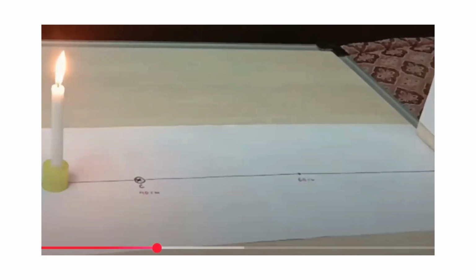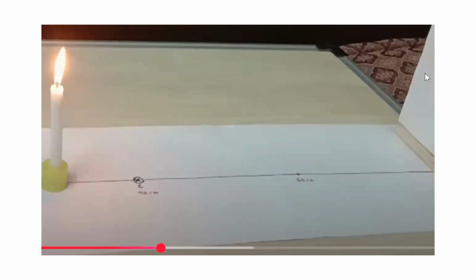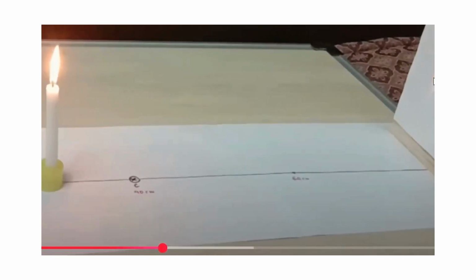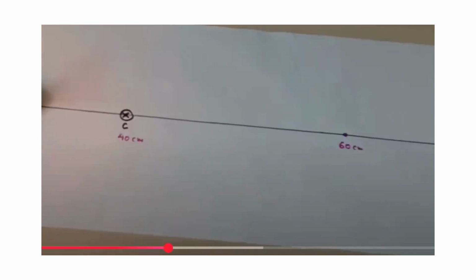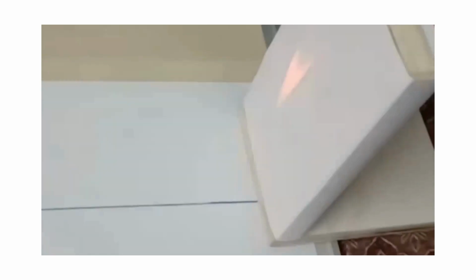What is happening to the flame? What has happened to the flame, son? It's upside down. It's upside down and it was? When you move the screen and finally obtain the image on the screen, you should be careful that the image must be sharper. So the sharpest point would be considered as your image distance.